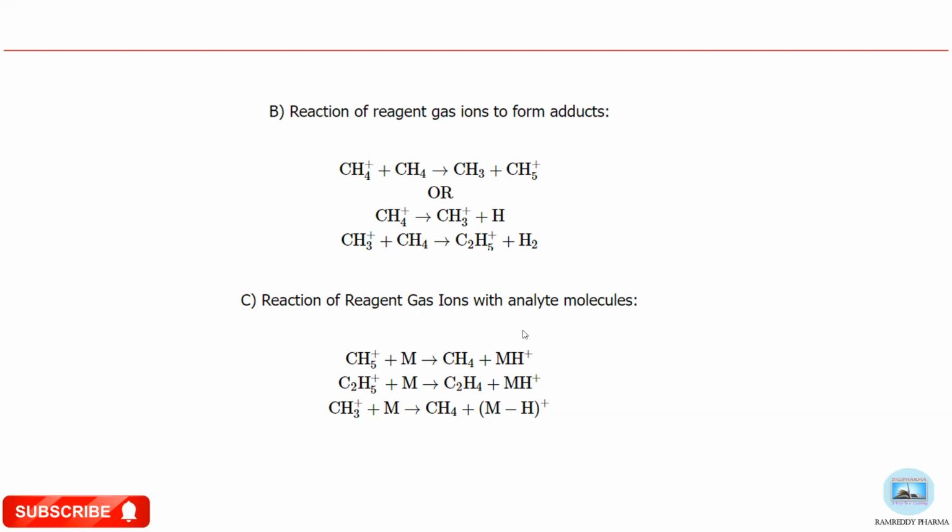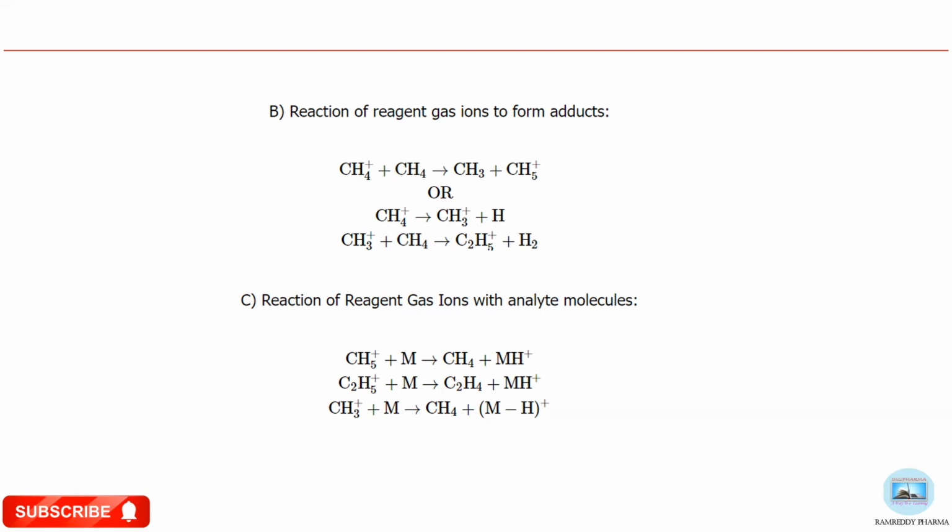Here, indirectly the high energy electrons cause the ionization of the molecule; they are not directly hitting the molecule. But in case of electron impact, the high energy electrons directly impact your molecule, and there is a chance of breakdown of your molecule.